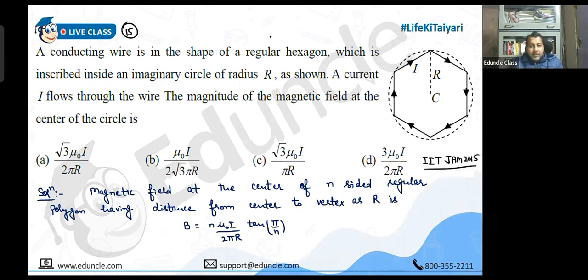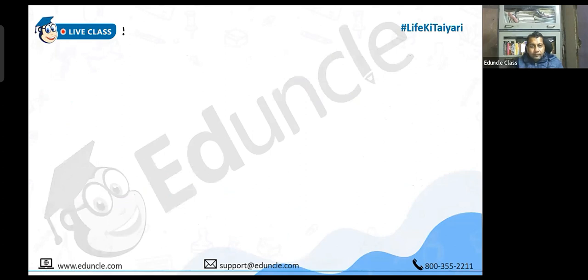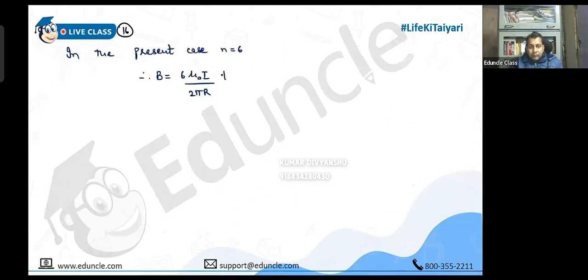So this is the generalized formula. Now you can put the values for this particular question. N is 6. So in our case, N is 6. The answer is root 3 mu naught I by pi r.